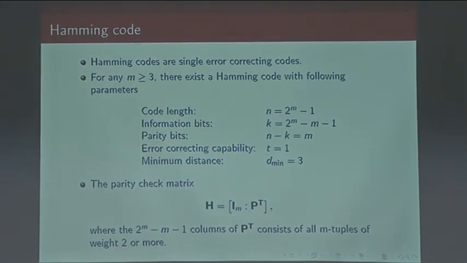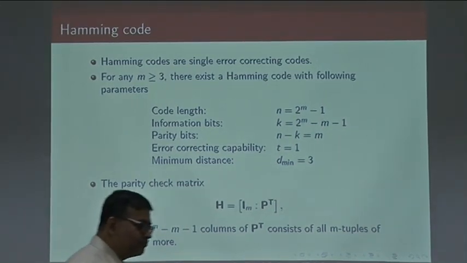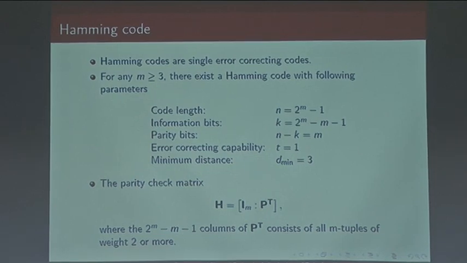Minimum distance is 3. So minimum distance is 3, meaning 3 columns. Minimum, we require 3 columns to add up to 0. So what are the entries of this H matrix? These are non-zero m-tuples.